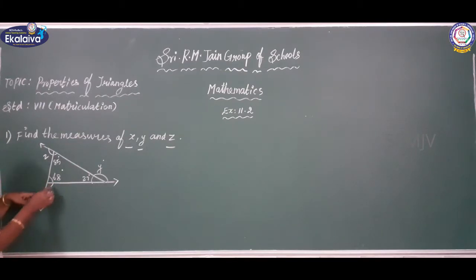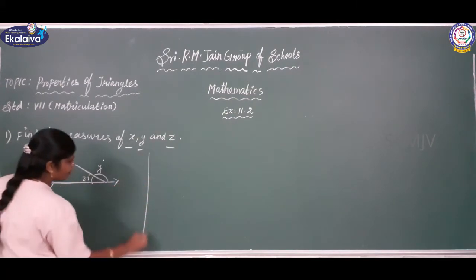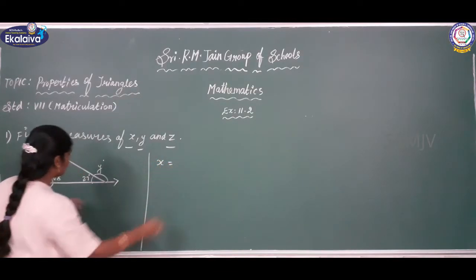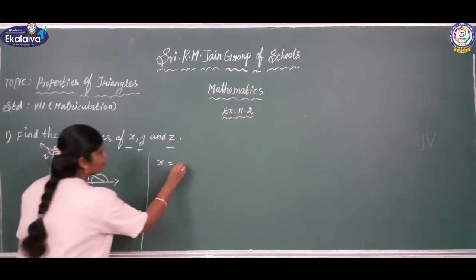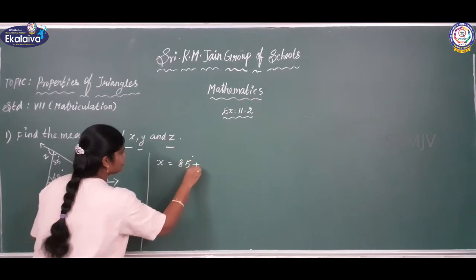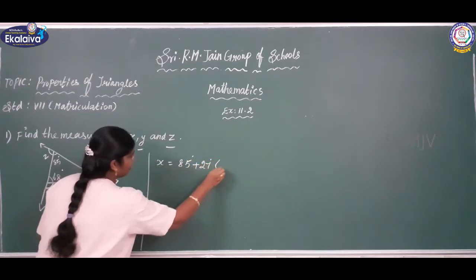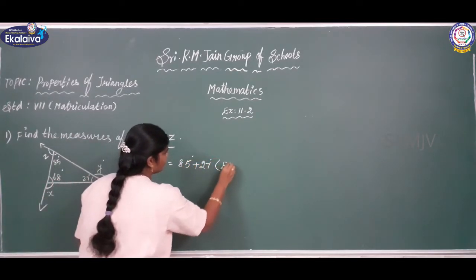See here, the exterior angle is lying outside. The opposite interior angles are 85 and 27. So x equal to 85 plus 27 because of the exterior angle property.